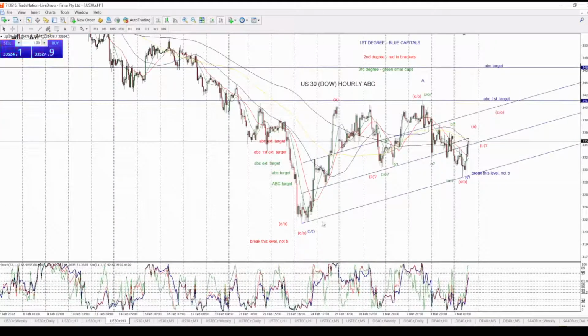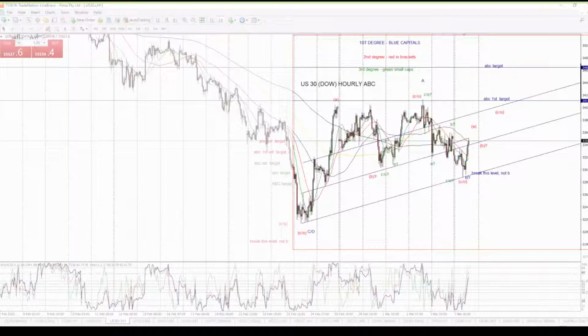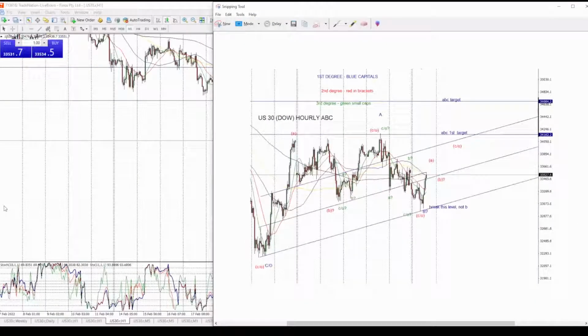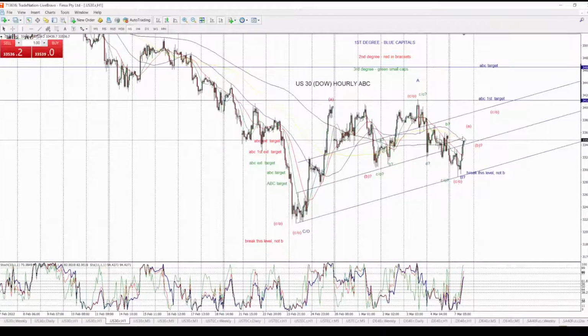Okay, I just want to update this picture for you from this morning. Same story, playing around that 50 moving average, 89 simple moving average.